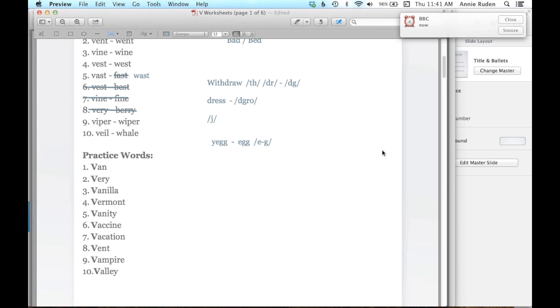So it's kind of an easier transition for your mouth because the yeah sound is back in the throat. You're trying to get to the back of your throat, and the yeah is helping you get there. So we have to make sure we don't add any extra sounds, and that you're comfortable with that transition.